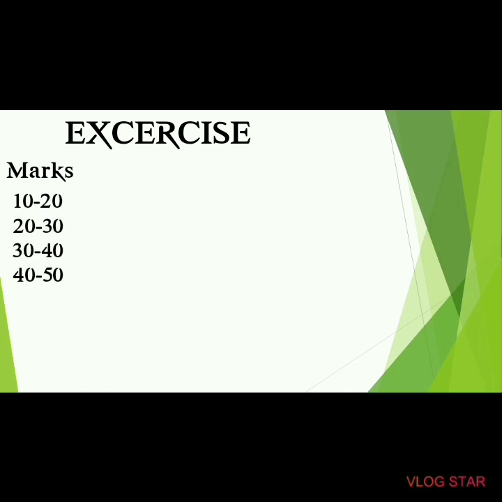Now the number of students in the class, that is the frequency of the class, is 5, 8, 4 and 3. It is the same example which we have taken in the previous method.